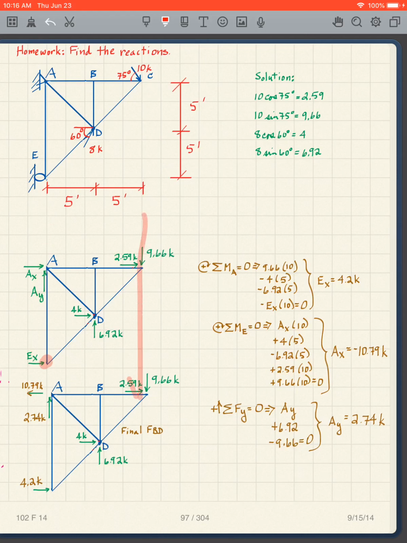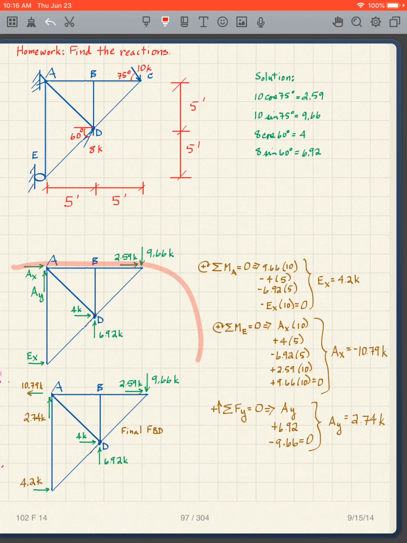Got 9.66 times 10. I've got 6.92 times 5. I've got 4 times 5. They're all written here. How do I get the signs?